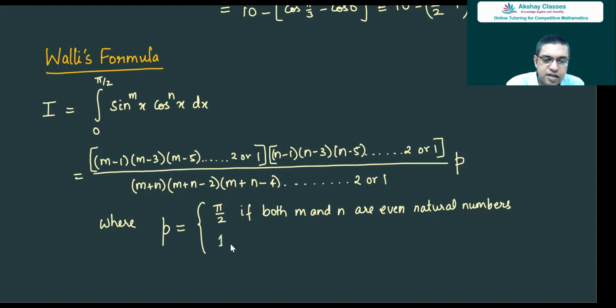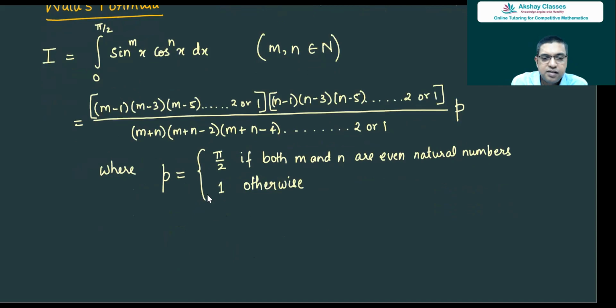And it is equal to 1 for all other cases. That means if any one of them is odd or both of them are odd, then the p-value will be 1. So what we have done is we have taken m.